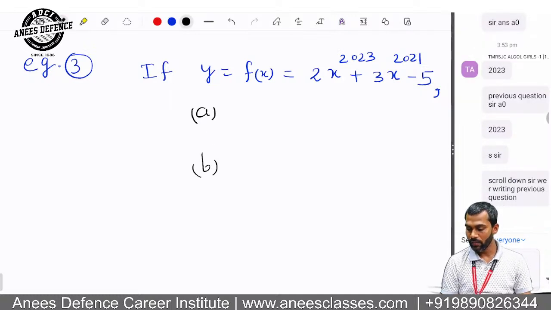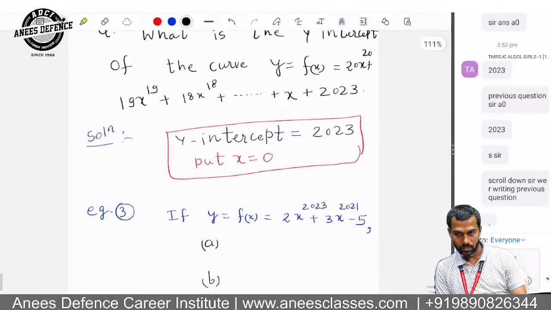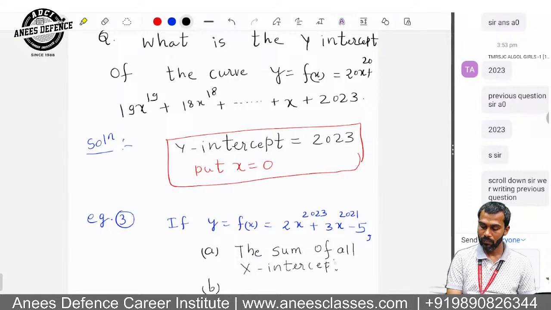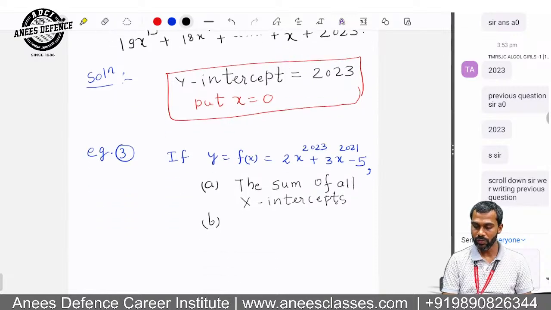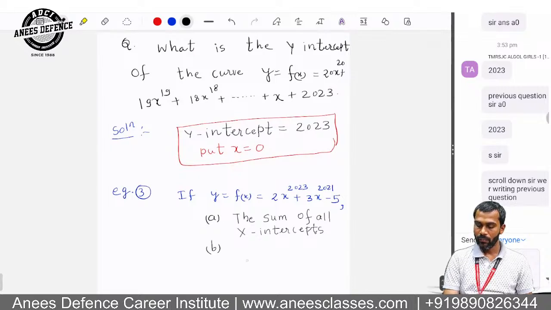The first one, you need to find out the sum of all x-intercepts. And the second question, the product of all the x-intercepts.